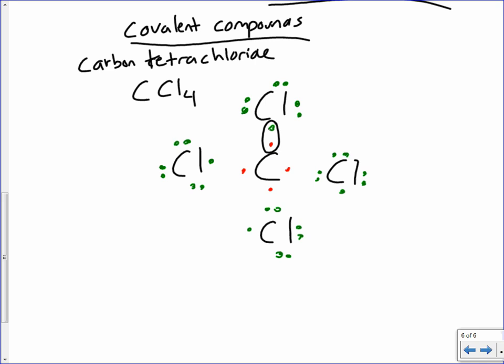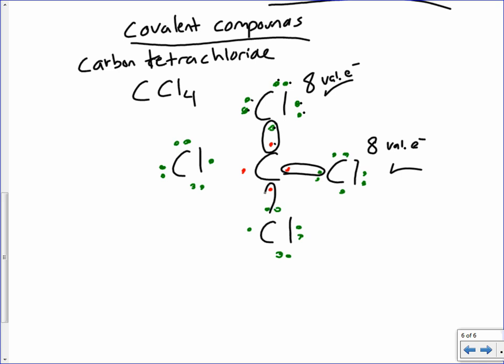So now if you count, this top chlorine has 1, 2, 3, 4, 5, 6, 7, 8 valence electrons. Okay, so he's stable. So let's look at the next chlorine. We can do the same thing. You count them up, and you're going to get 8 valence electrons again, so we're good.